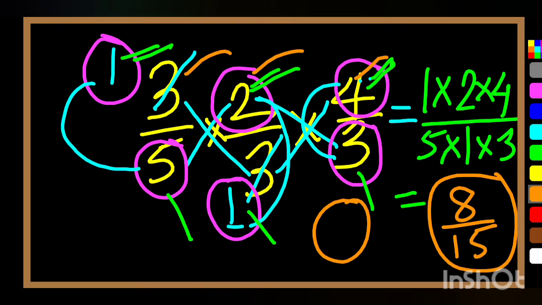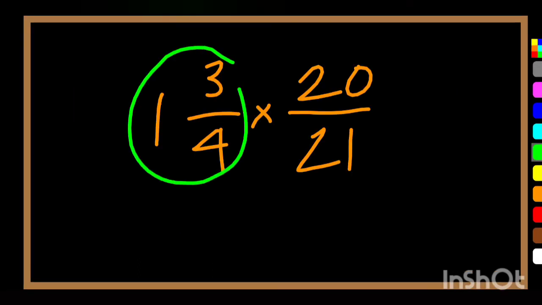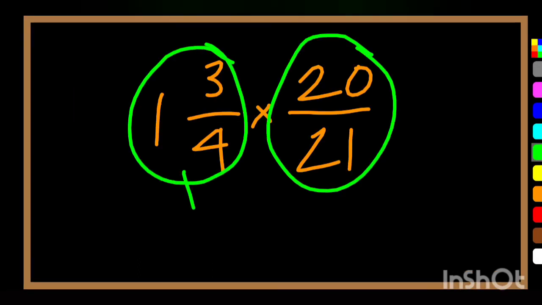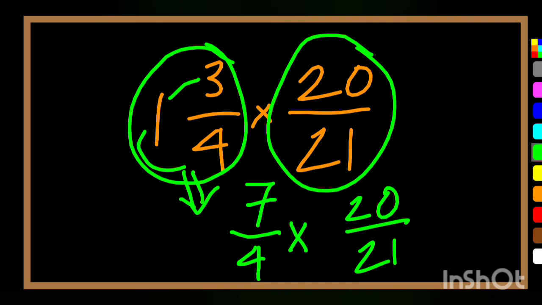Let's take another example. For this sum we will simply convert this mixed fraction into an improper fraction. So 4 multiplied by 1 plus 3, it is 7. In the denominator it will be 4, then 20 by 21. Now the procedure is the same as I said. These two will be reduced diagonally, that is 20 and 4.